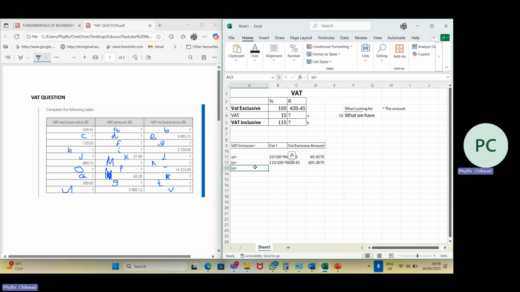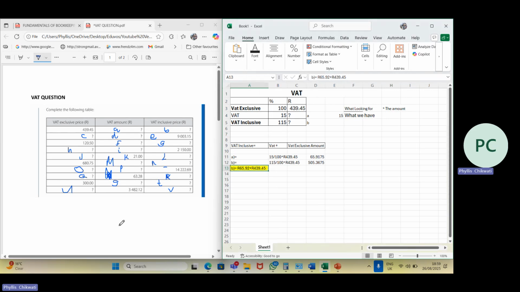So in order for us to get B, we could have just said your VAT portion, that is 65.92, plus your VAT exclusive amount that is given to us as 439.45. These two should have given you exactly the same answer as 505. So you can choose. Once you have only one missing figure, it's easier to get the other one. So this is the second option for part B.